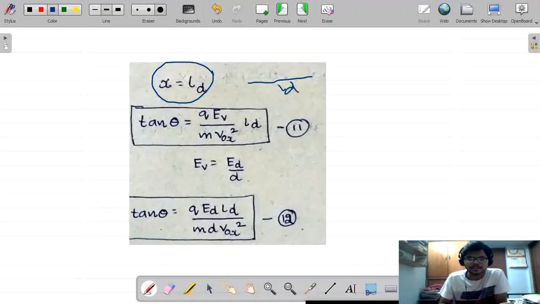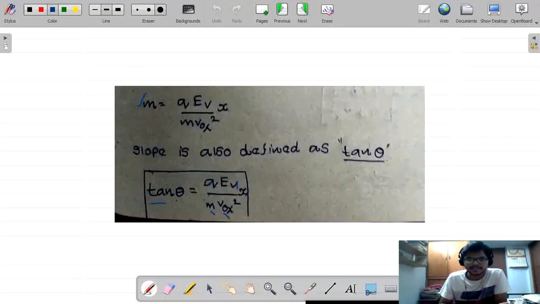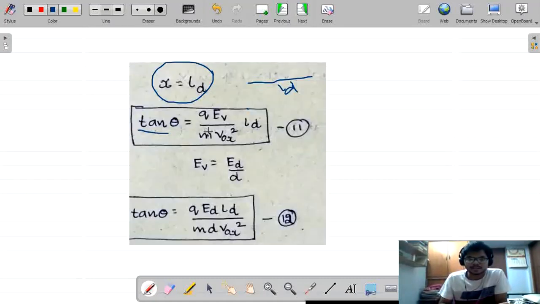Substitute in the place of x as LD. Tan theta equal to q EV by m Vox whole square into LD. From the previous we have clearly seen that EV equal to ED by D. Substitute EV equal to ED by D. Q ED, in the place of EV we have substituted ED by D. The remaining part is same: LD by MD Vox whole square.